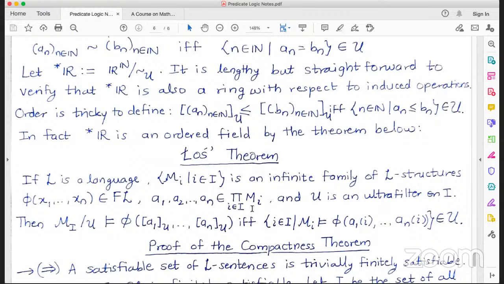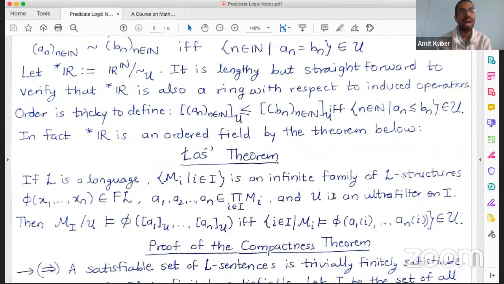But here the distinguishing characteristic of ultrafilters is that either a subset or its complement is always in the ultrafilter, so that will not be satisfied by the almost everywhere property there.